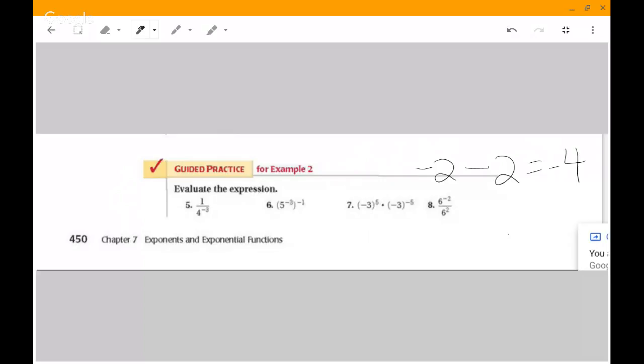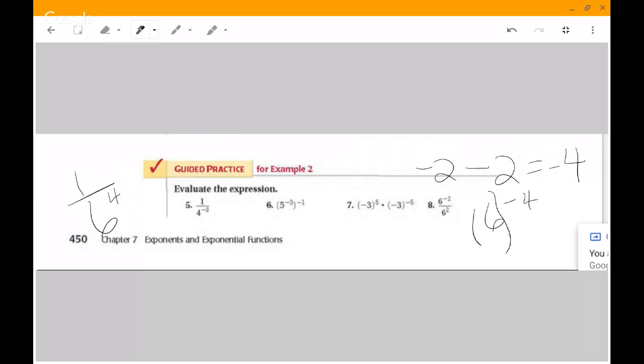Okay. So we have 6 technically raised to the -4 as our answer, but we can't typically have a negative exponent. So that's going to be 1/6 raised to the 4th.